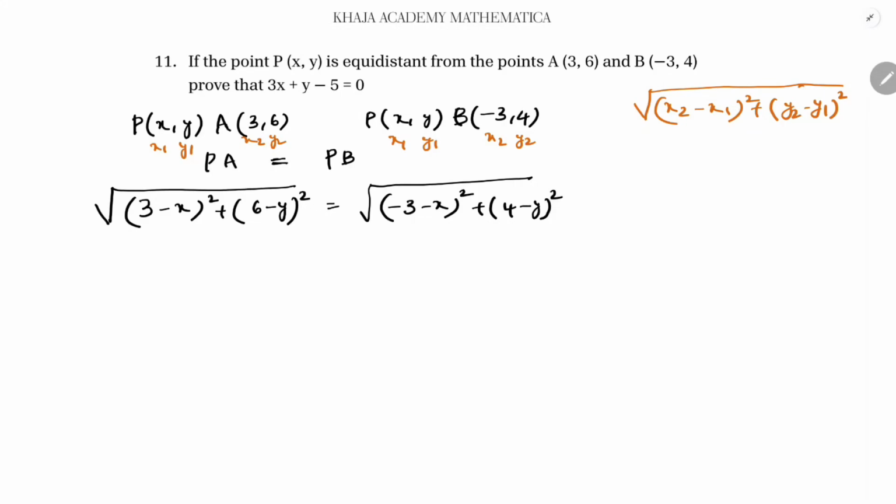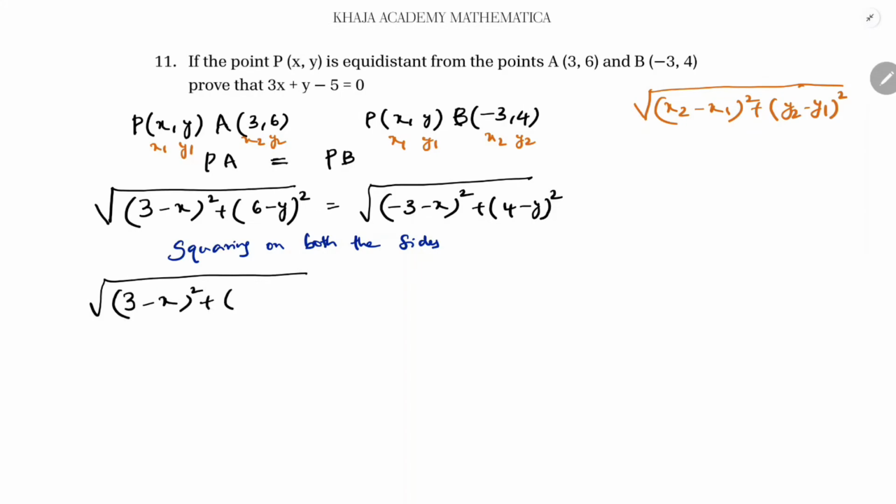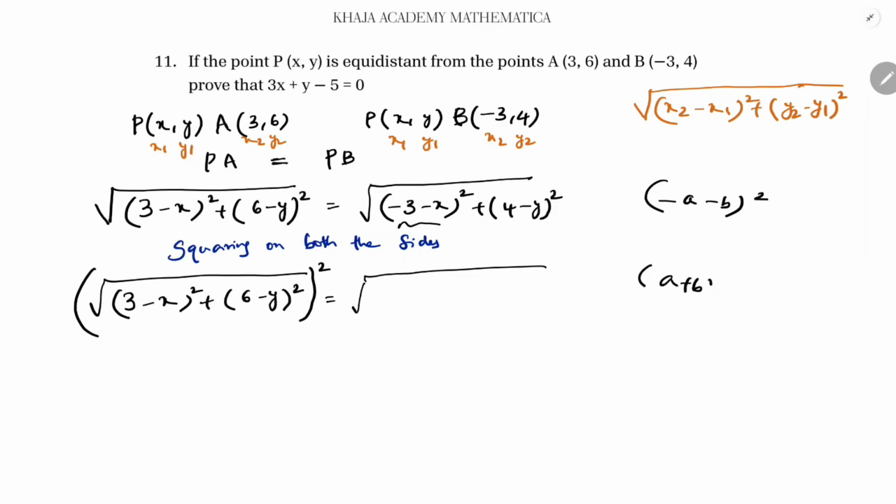Now I'll do squaring on both sides. So I'll get (3 minus x) whole square plus (6 minus y) whole square. In the same way on the right side, when both are minus, (minus a minus b) whole square is nothing but (a plus b) whole square.